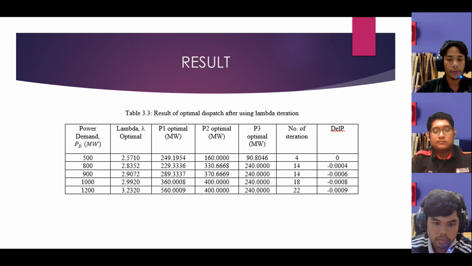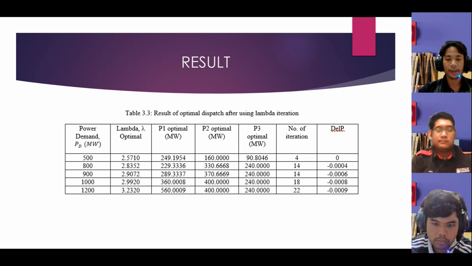And then for the 800 megawatt, 900 megawatt, 1000 megawatt, and also 1200 megawatt, the process is the same, but the number of iterations will get higher, because if the power demand is higher, the number of iterations will get higher.